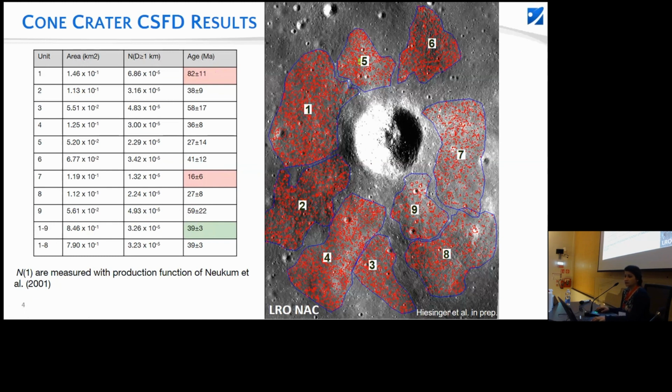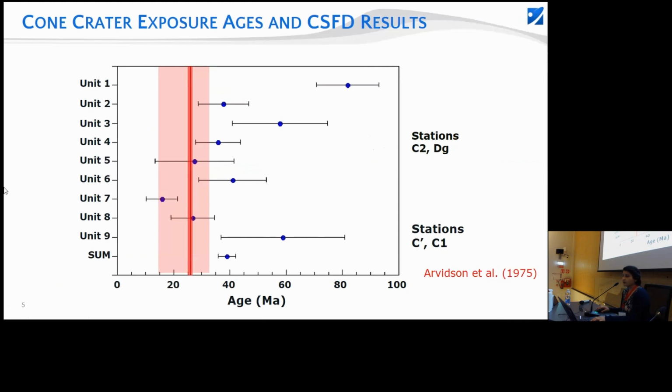So he wanted to narrow down the sample ages. He considered only the sample ages that were collected around the Cone Crater, which were the station C-prime and C1.